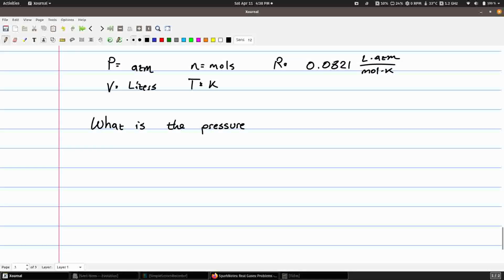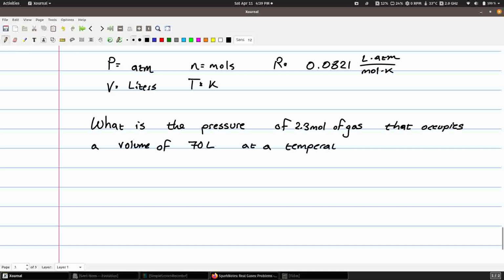So, what is the pressure of a gas with 2.3 moles of gas that occupies a volume of 70 liters at a temperature of 700 Kelvin?